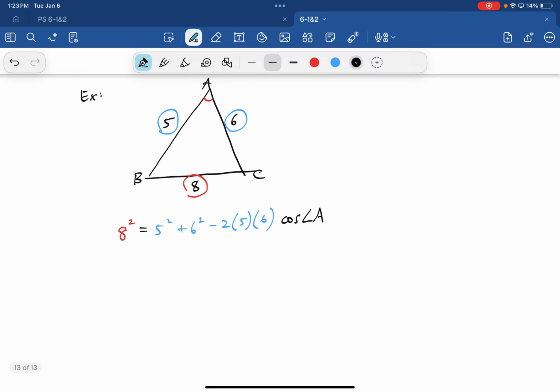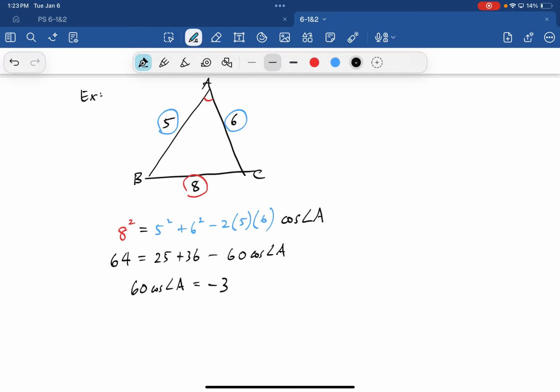You would solve this by simplifying, right? 64 equals 25 plus 36 minus 60 cosine angle A, which means that 60 cosine angle A is equal to -3. Is that correct? 25 plus 36 minus 64 is -3.